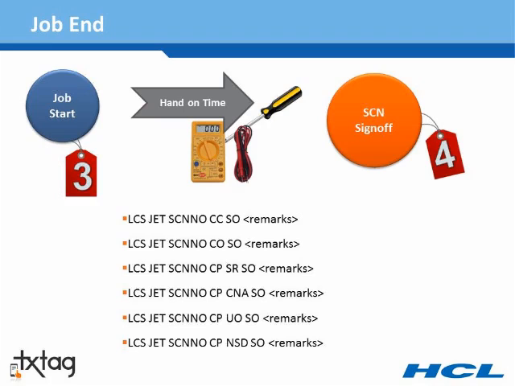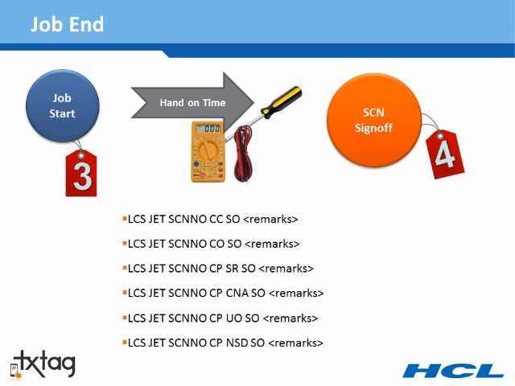SR stands for spare required, followed by the SO number. After the SO number, you can put any running text to indicate what spare is required. Let's say you want a satellite gear set for a particular printer model, you can indicate ribbon gear set required for printer ABC model or whatever. So that is spare required.